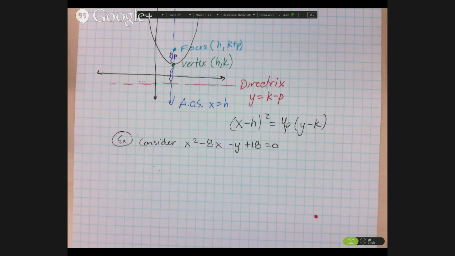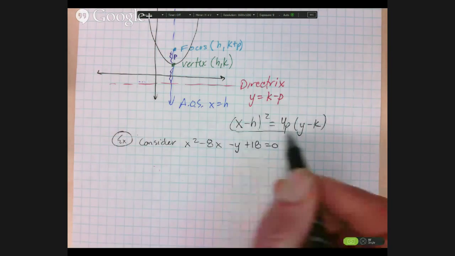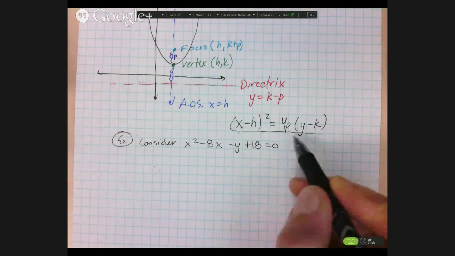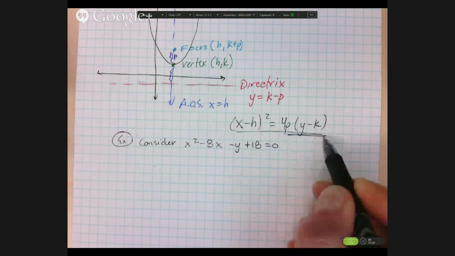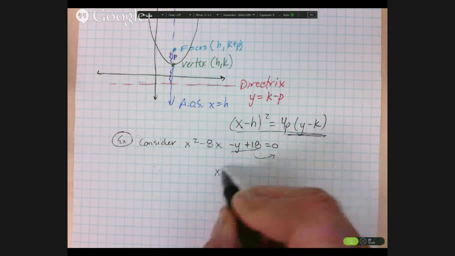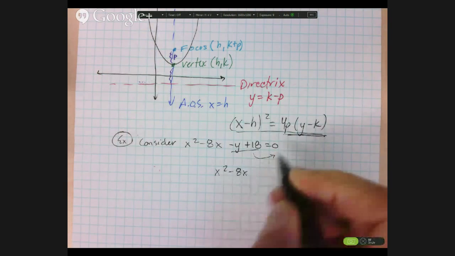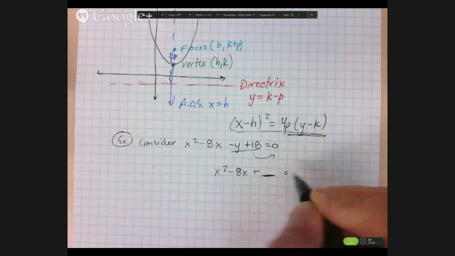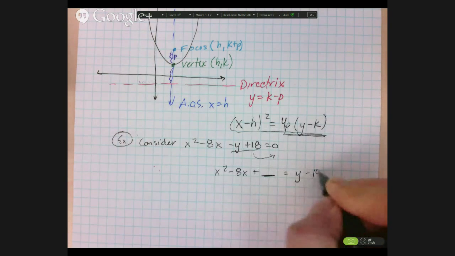We are going to have to complete the square to get it in this form. So notice that I need my y's over here, correct? So I'm going to move this to the right. And leave yourself a little space here, because we're going to have to complete the square.